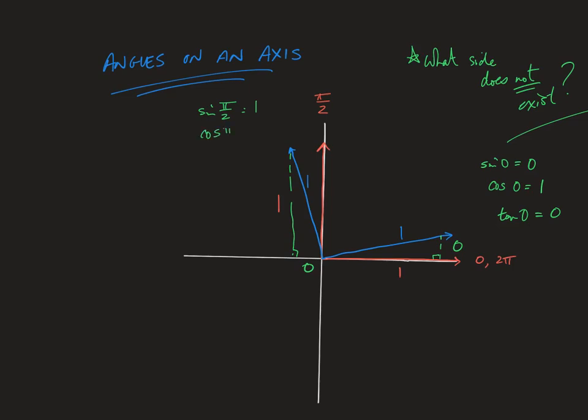My cos of pi by 2, which side doesn't exist? The adjacent. Cos is adjacent, so it's 0. And when I calculate the tan of pi by 2, I now need opposite over adjacent. I am dividing by 0. That makes that undefined.